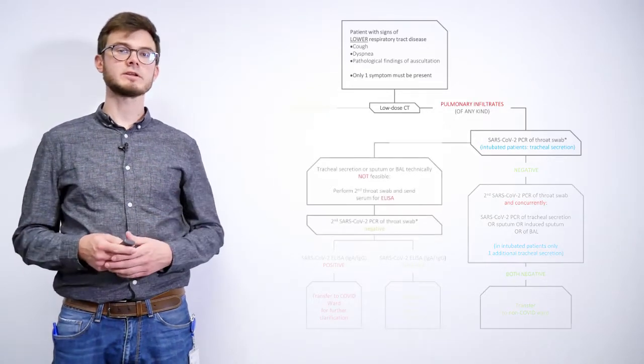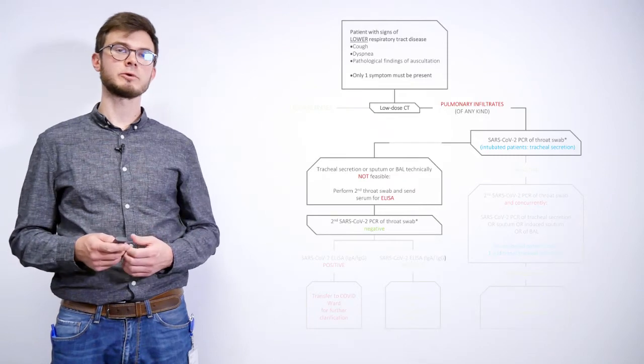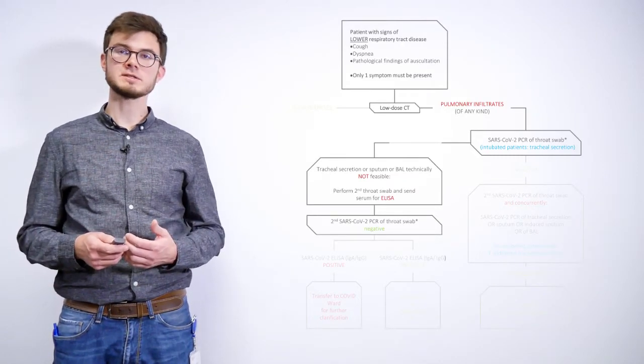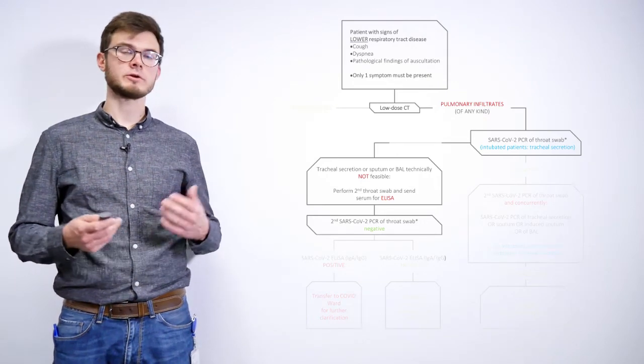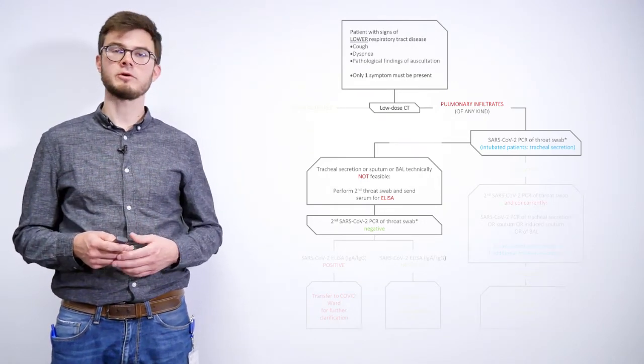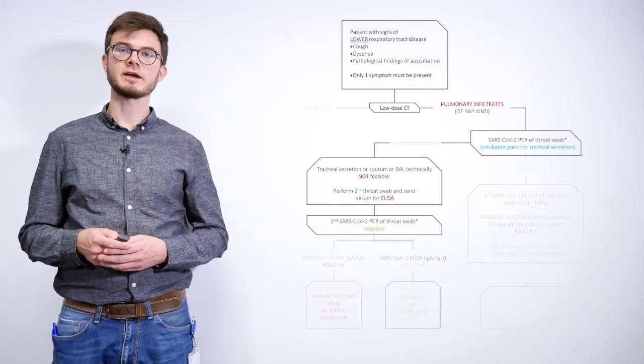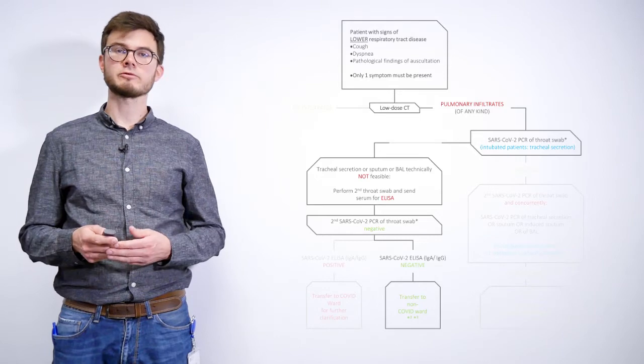So now we are still in the patient population with lower respiratory tract infection and suspicious findings on chest CT, and we have already performed a throat swab for SARS-CoV-2. This swab results negative, but how do we rule out further?